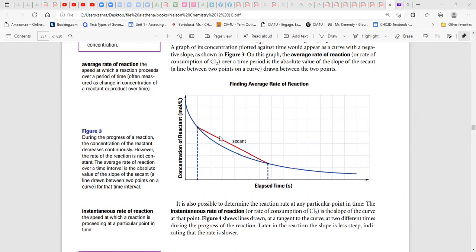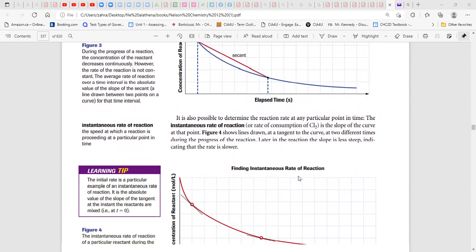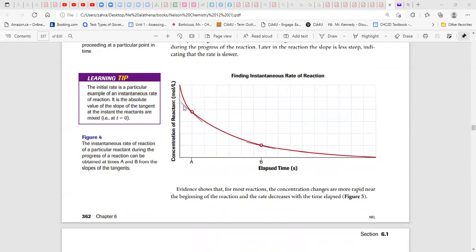As you see, the slope is rise over run. Rise is the change in concentration, and run is time, which means the slope is the rate of reaction. Here, the slope of the tangent line at each point gives you the rate of reaction at that time.